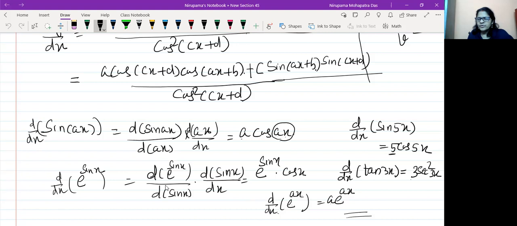So today I'm winding up the class. In fact, derivative of implicit functions, derivative of logarithmic functions, everywhere we will be using chain rule. So we will keep on repeating this chain rule process.